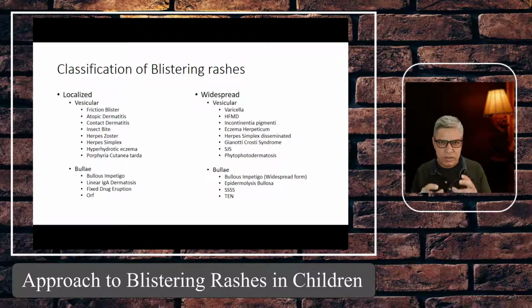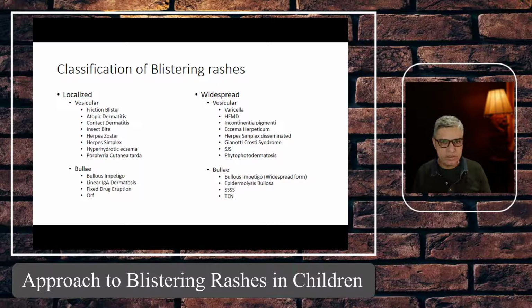If you zoom into that picture in the exam and you see blisters or bullae in the form of a targetoid lesion, so you feel like there is a target lesion, then you can clearly mark that as linear IgA dermatosis.